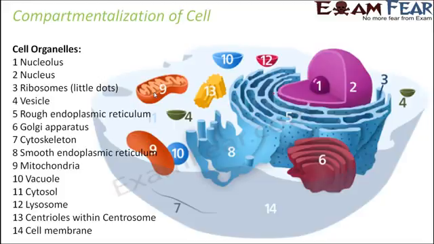Now, when we started, I started talking from the discovery of the cell. That time I said that nobody knew anything about the cell. It was Robert Hooke who could see those empty spaces with boundaries like the honeycomb structure, and he named them as cells. But that time also nobody knew what is there inside the cell. Over a period of time, different scientists started discovering different components of the cell, and today we have so many different components present inside a cell.